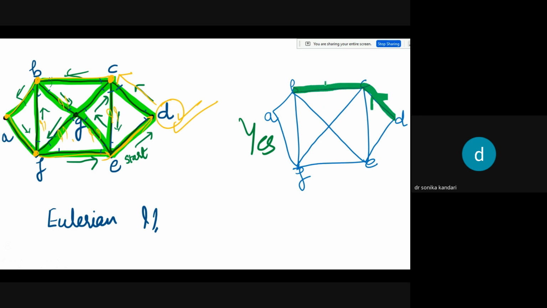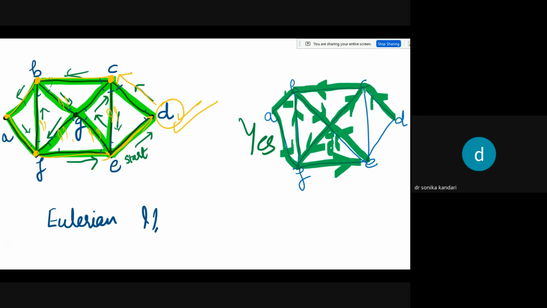What I did, I moved here, then B to A, then A to F, then F to B. Then in this manner, from F to E, then E to G, then G to C, then C to E, and from E to D. So I have traversed all edges.